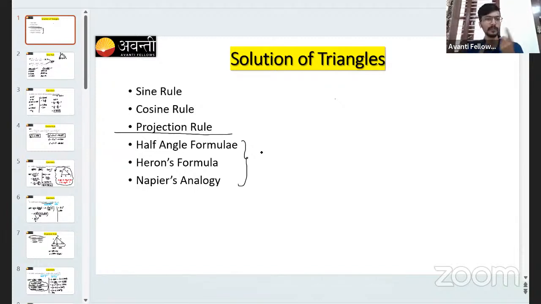So today we'll be doing the half angle formula, Heron's formula, and Napier's analogy, and we'll also be looking at some questions. Got it? So without further ado, let's start the topic.